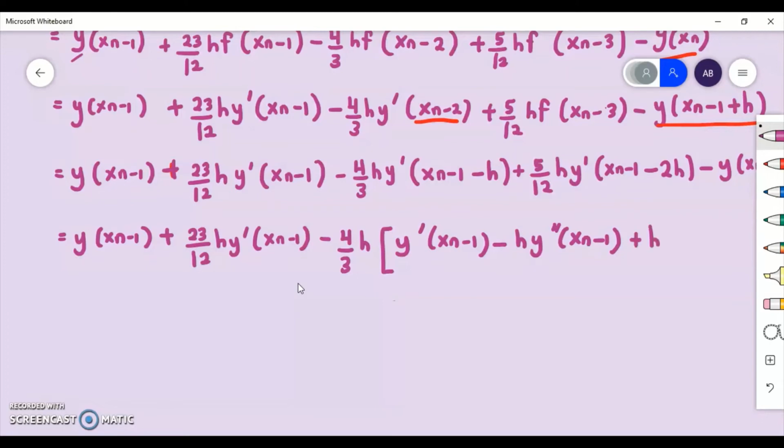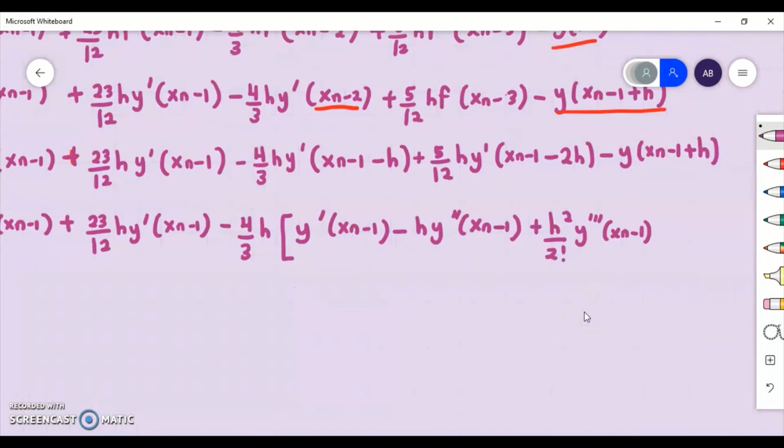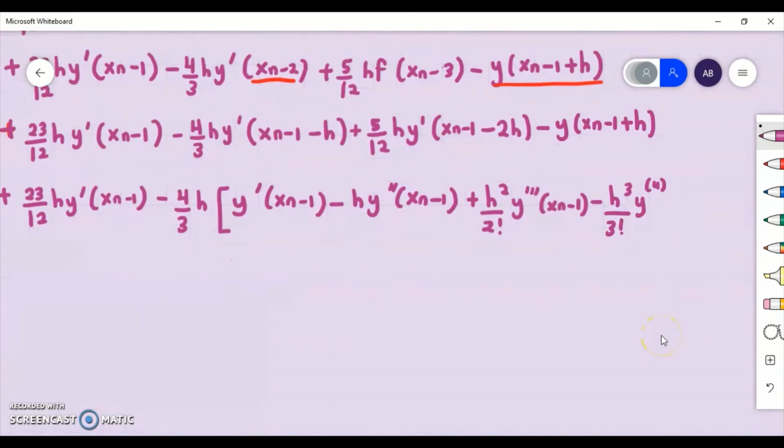Negative will be positive: h squared over 2 factorial y triple prime x_{n-1}. Then expand another term here. Positive will be negative: h cubed over 3 factorial y to the 4th derivative. I hope you can see that, that's number 4 here, x_{n-1}. Okay, close bracket.